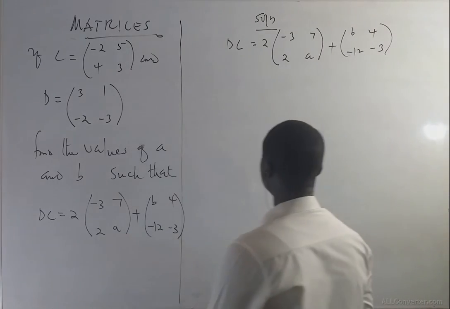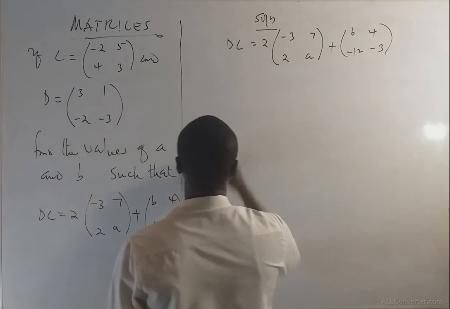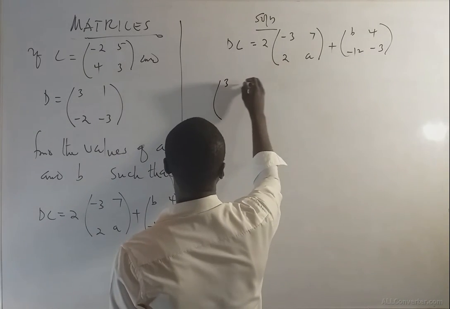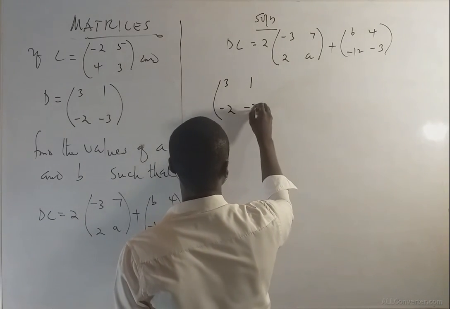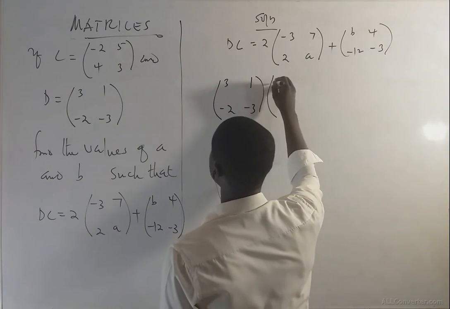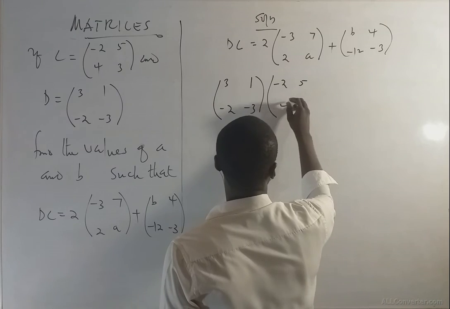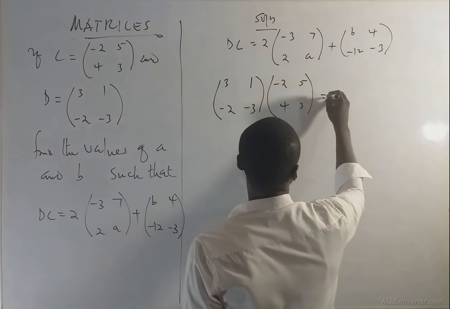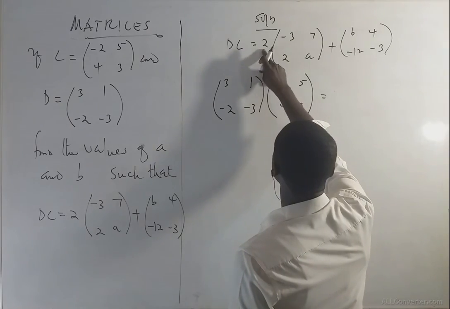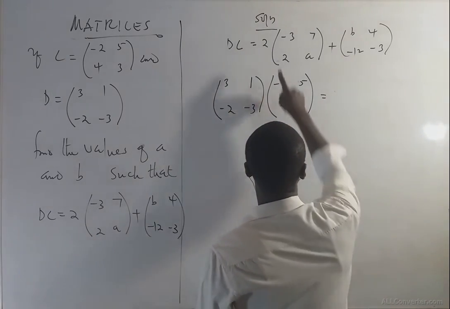And I guess by now you know how to multiply matrices together. So the matrix D from the question is (3, 1; -2, -3) times C, and the matrix C is (-2, 5; 4, 3). And this is equal to 2 times the matrix. When the scalar 2 is multiplying the matrix, it will multiply all the elements.